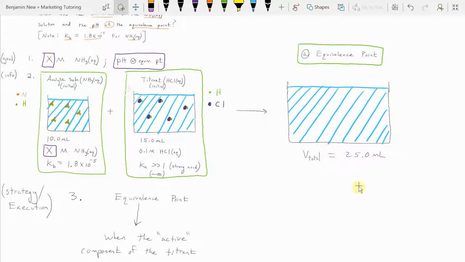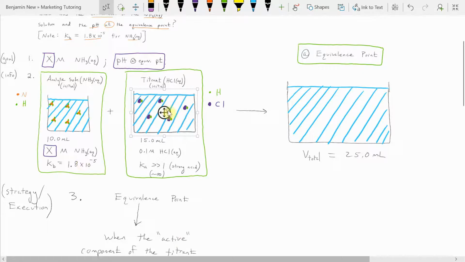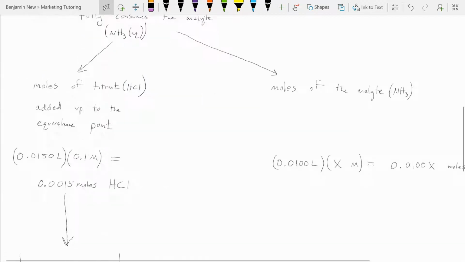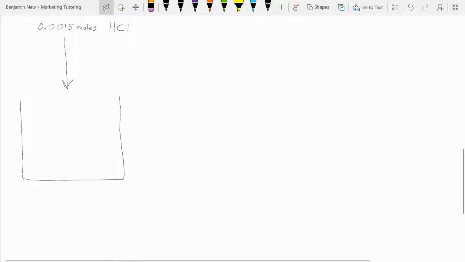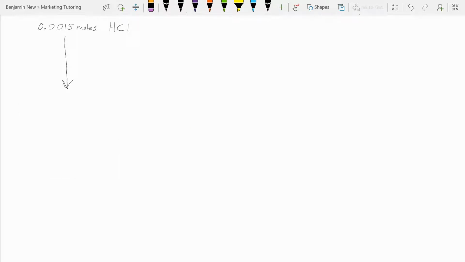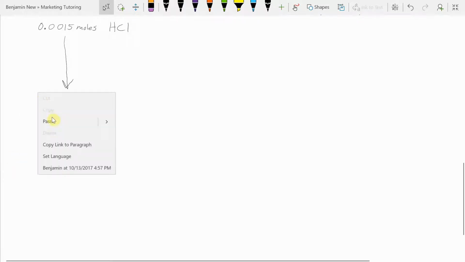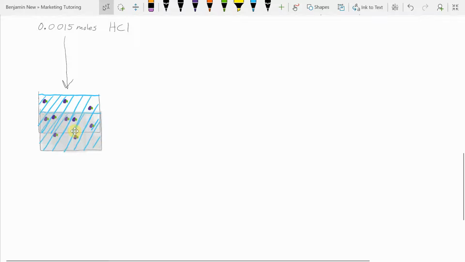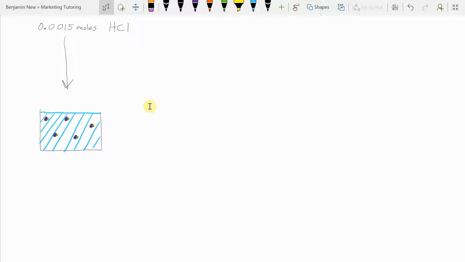We have the HCl. Copy paste that. Erase that since we already have one. Now I know I copy pasted, but really the volume is larger.